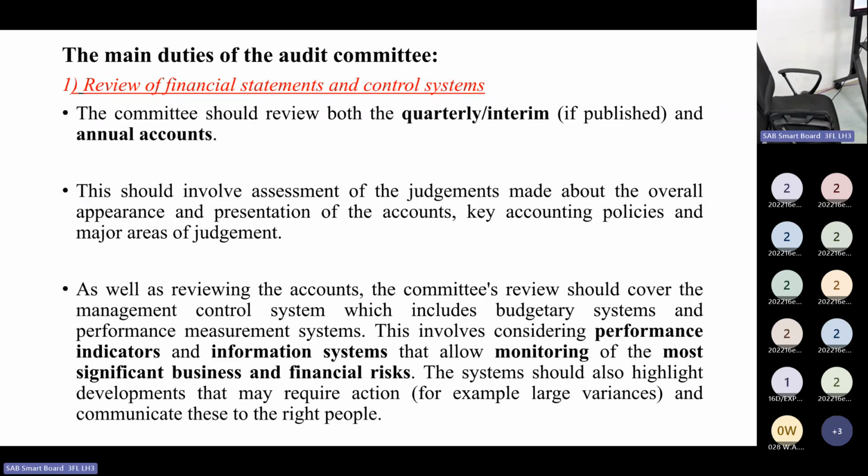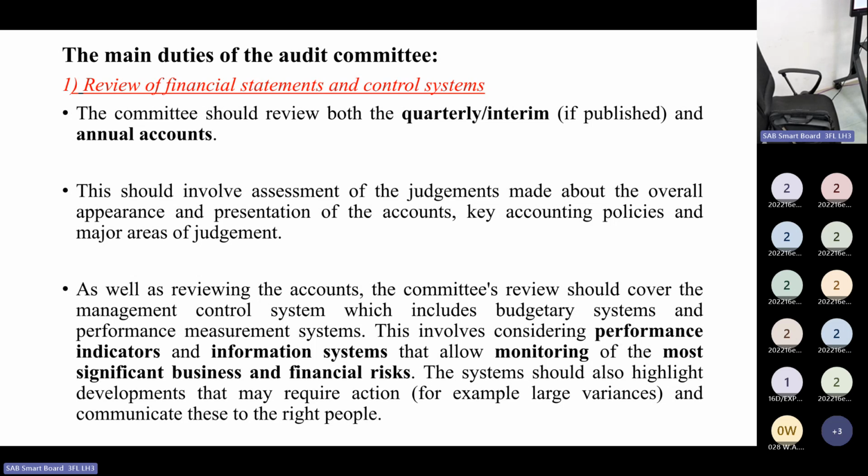Right? So what is the other branch? Management. So management accounting does what? Management accounting is part of management.